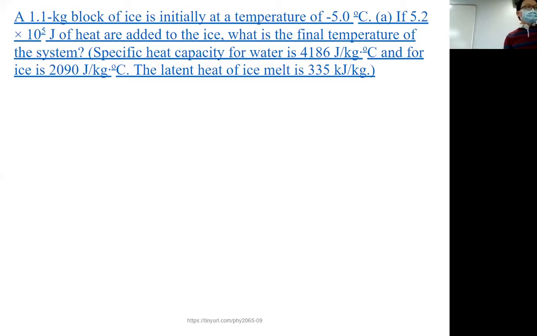It gives you specific heat: for water it's 4186, and for ice it's 2090 joules per kilogram degree Celsius. The latent heat of ice melt is 335 kilojoules per kilogram.